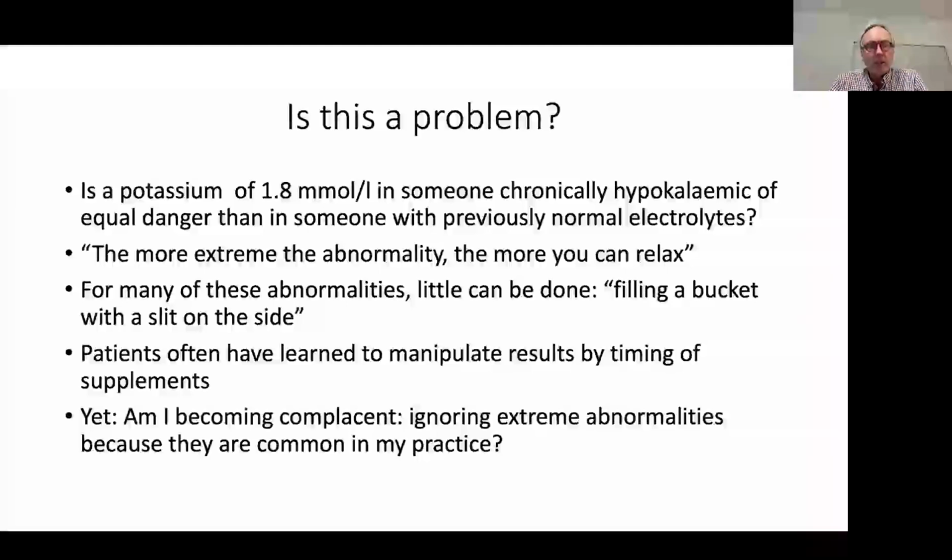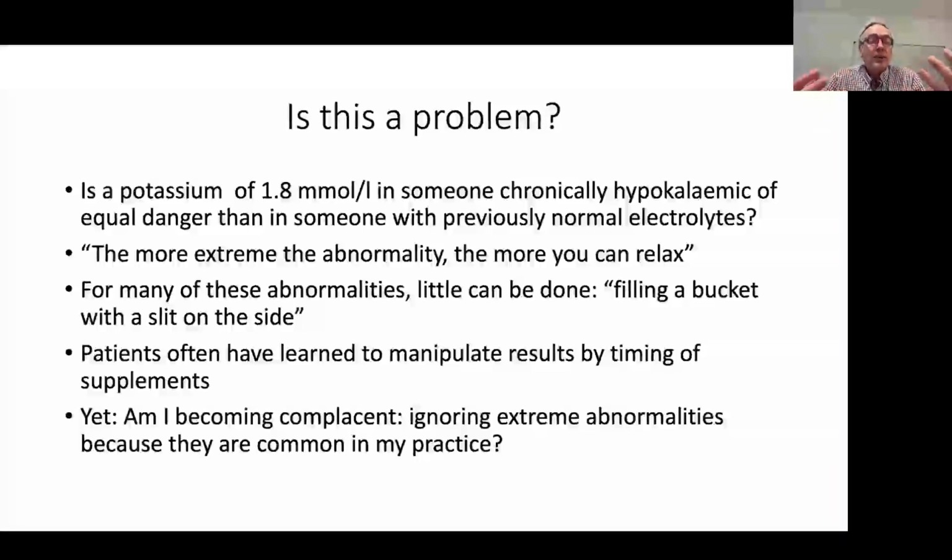And probably the worst thing that you can do is to acutely try to change this problem. So to acutely bring down the sodium back down to normal, to acutely bring up the potassium. If it's a chronic problem, it's much better to also treat it chronically.